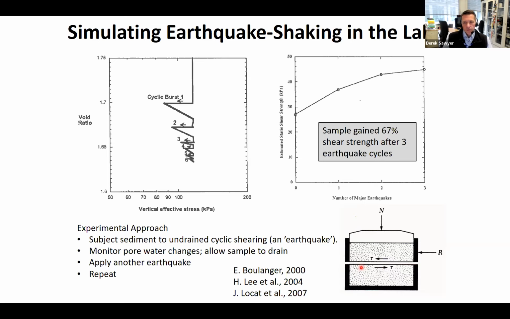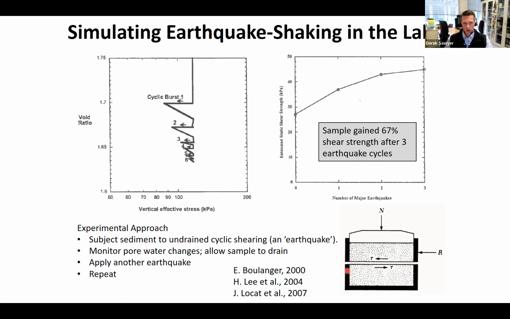And they're conducting an undrained shearing experiment while exposing the sample to bursts of cyclic shearing to mimic earthquake shaking. And the shaking is done in an undrained fashion. So during the earthquake, it's not allowed to drain off those fluids, which is more what would happen in nature in marine muds because the permeability is so low.